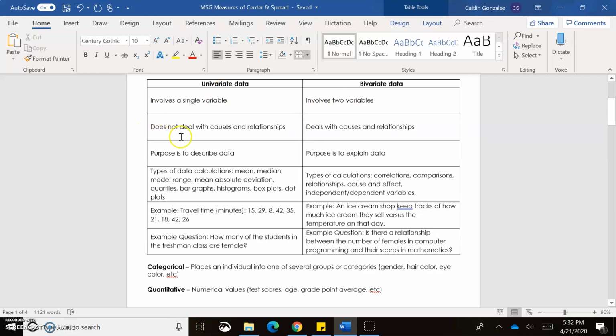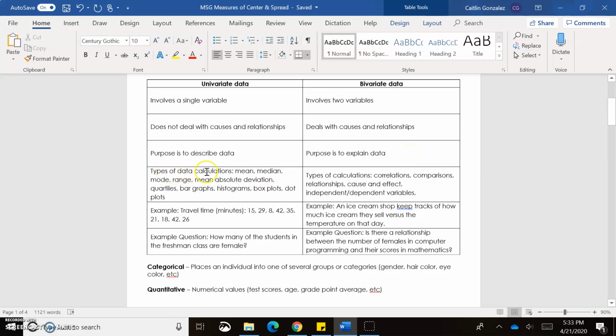Alright, and univariate data does not deal with causes and relationships because there's only one variable, but bivariate data is going to deal with causes and relationships. With univariate data, our purpose is to describe data, and with bivariate data, our purpose is to explain data.